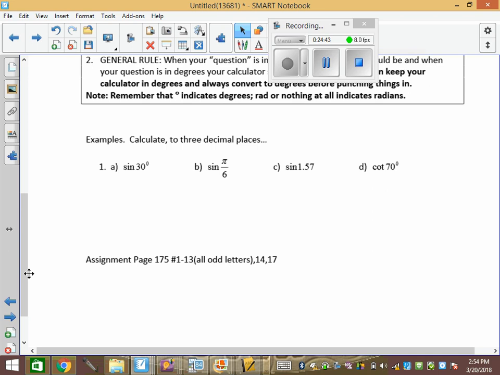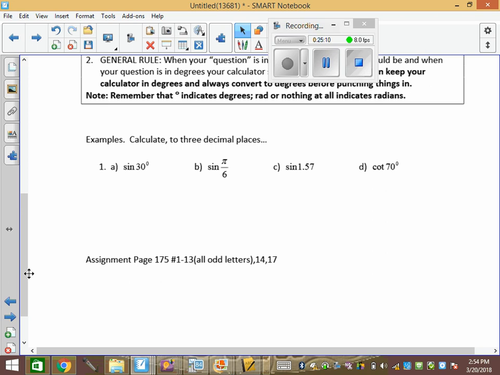Now go cos of 30 into your calculator. It's root 3 over 2, but root 3 over 2 is 0.8660, right? So if you go cos of 30, it gives you 0.8660, doesn't it? So if I want an exact value, you'd have to look up your unit circle to get the root 3 over 2.